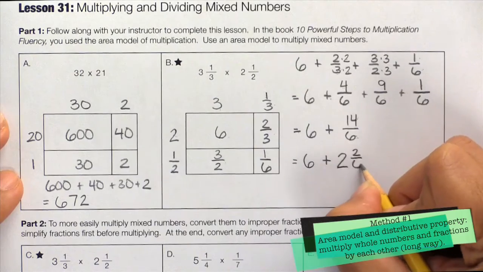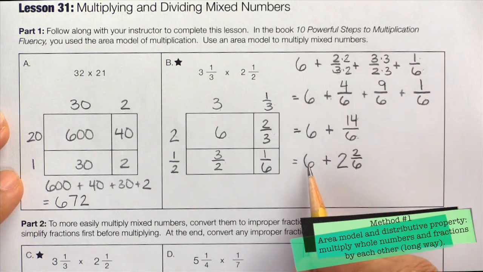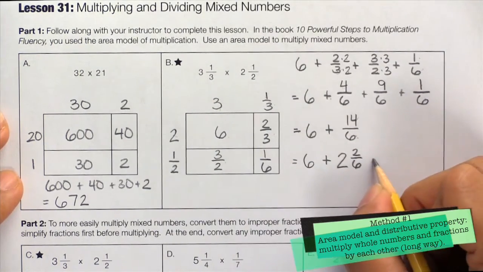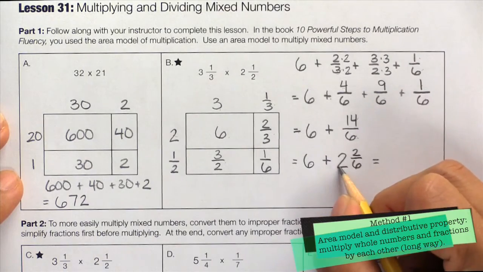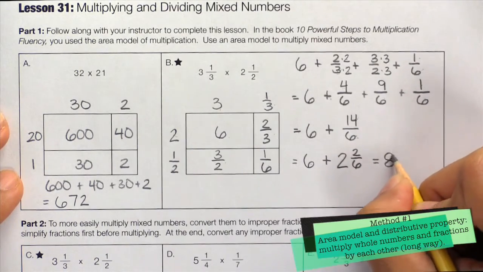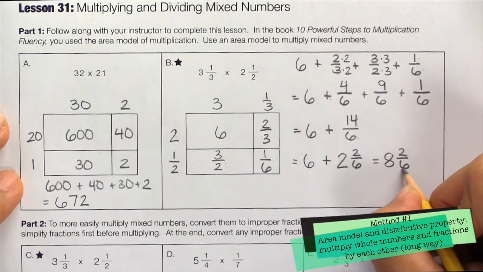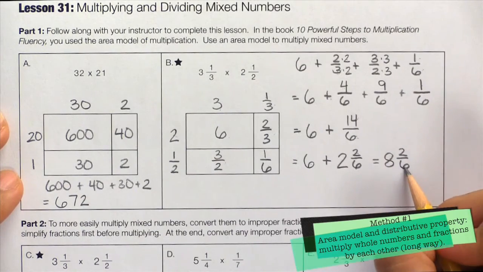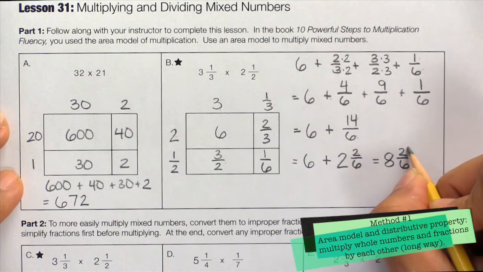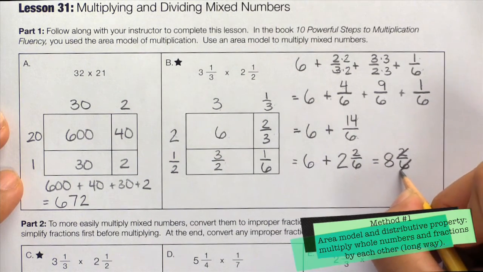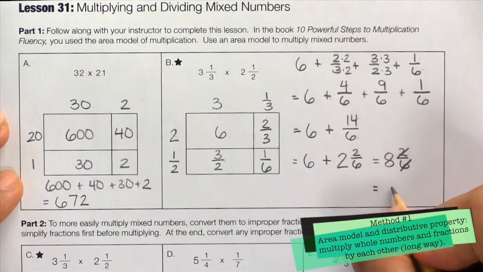We have 2/6. Let's add these together. 6 plus 2 is 8, and 2/6. Remember to simplify. Divide by 2, divide by 2. Final answer, 8 and 1/3.